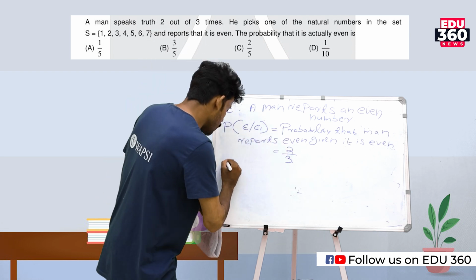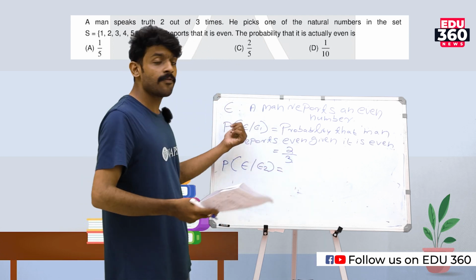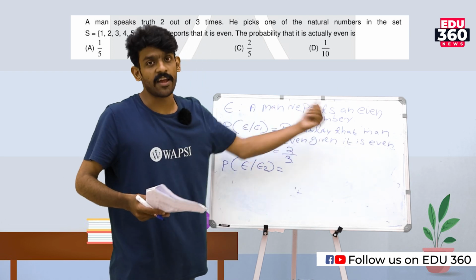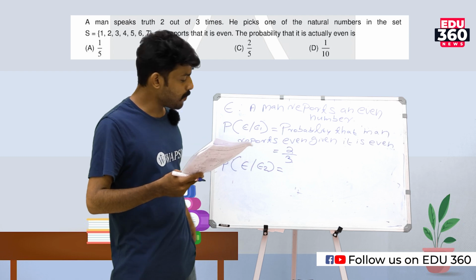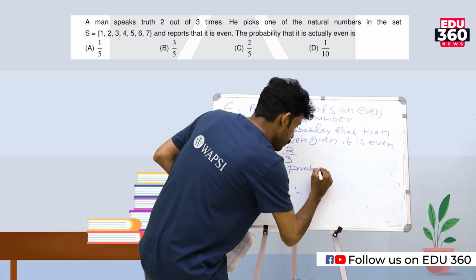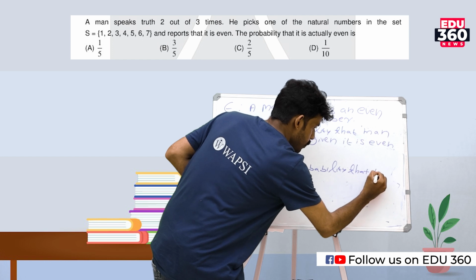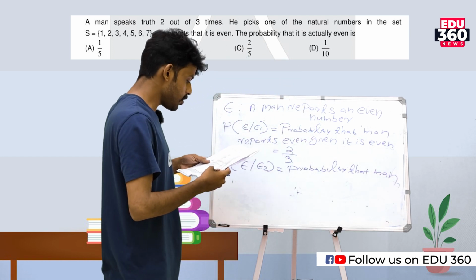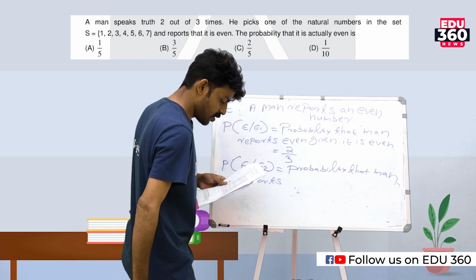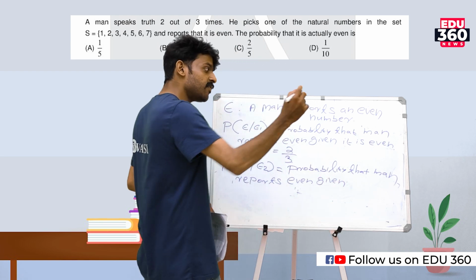And the next is P of E bar E2. P of E bar E1 is the probability that the man reports even given it is even.